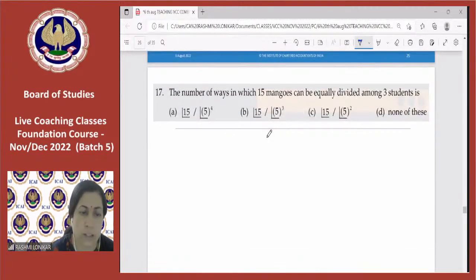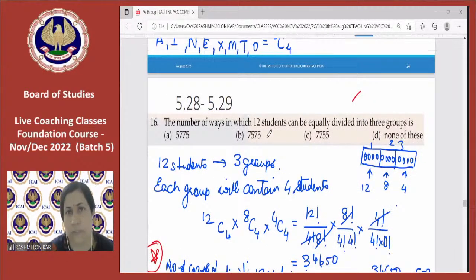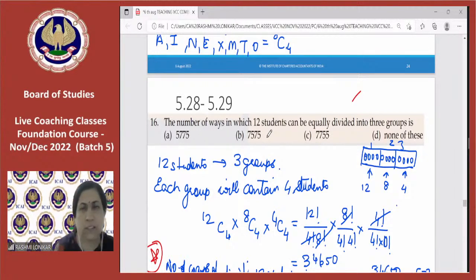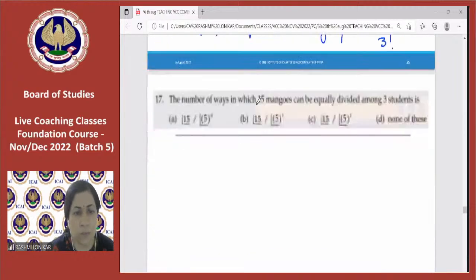Now this question, 16th and 17th, remember that in 16th question, you had students, right? So students you can identify. Remember in school you have division A, B, C. You can recognize the division separately, isn't it? Why? Because you know this. Suppose Harnoor is in one division, Vagdevi is in another division. But in the 17th sum, we are dealing with mangoes.